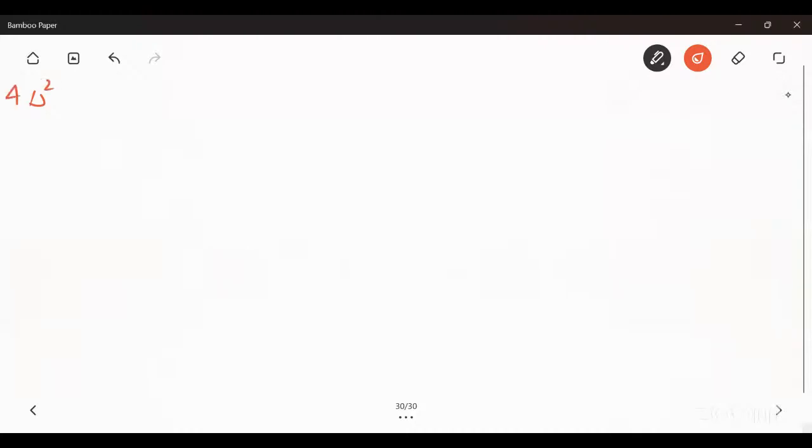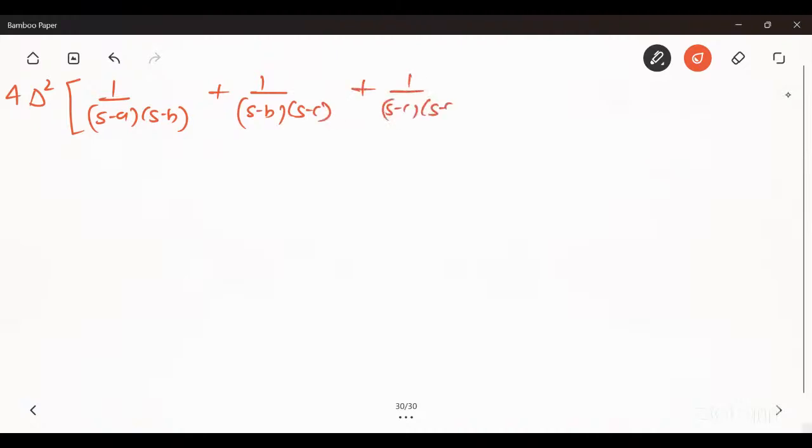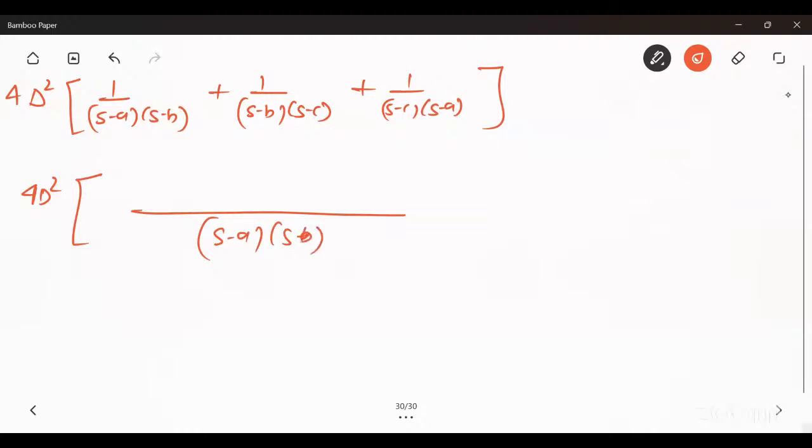So 4 delta square into [1 upon (S minus A)(S minus B) plus 1 upon (S minus B)(S minus C) plus 1 upon (S minus C)(S minus A)]. Now taking the LCM, (S minus A)(S minus B)(S minus C).